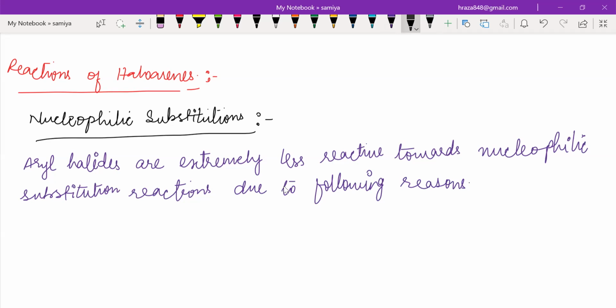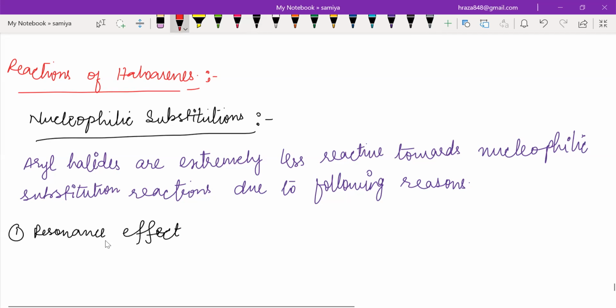So the first reason is basically the resonance effect. As you know, resonance stabilizes molecules very much. So the first reason is the resonance effect, and I want you to write the resonating structures of chlorobenzene. I want you to do this. Can you do it? The resonating structures.